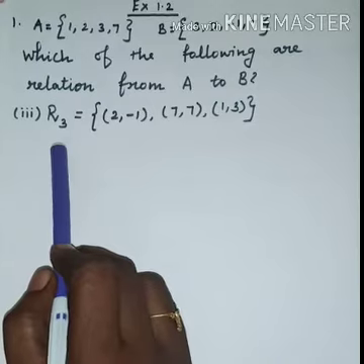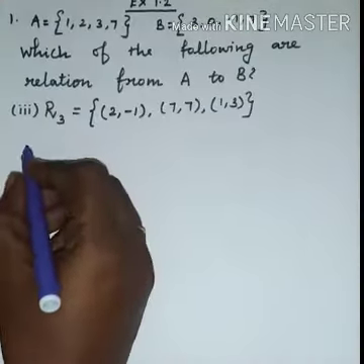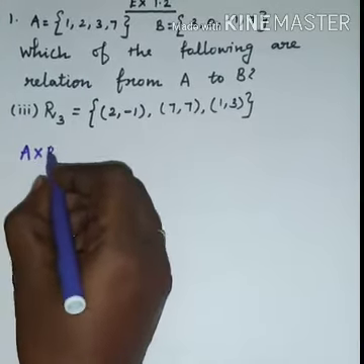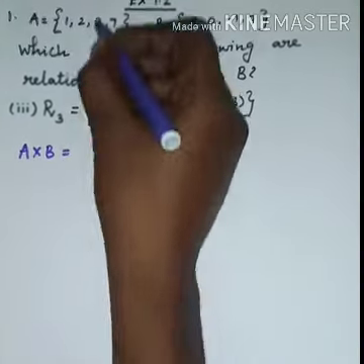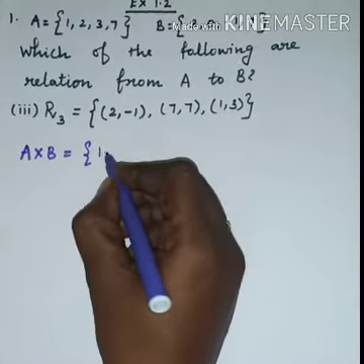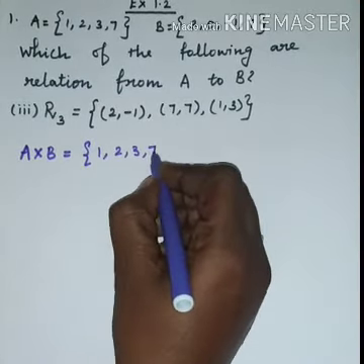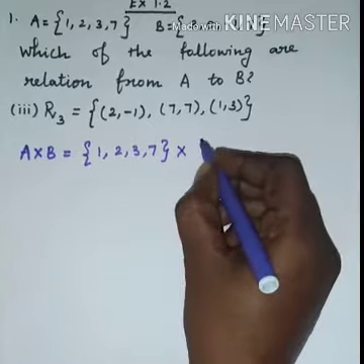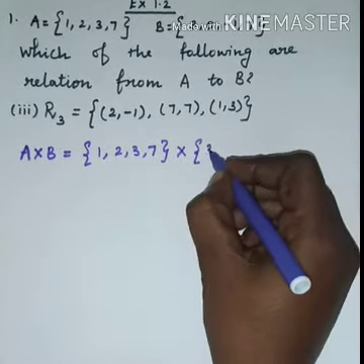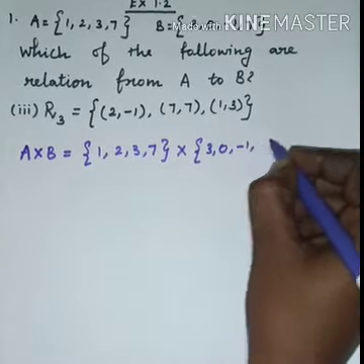For this, we have to find A cross B first. So, A cross B is equal to, we write the elements of A, {1, 2, 3, 7}, cross the elements of B, {3, 0, -1, 7}.